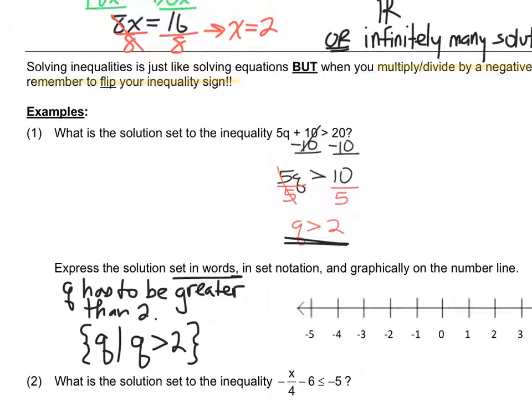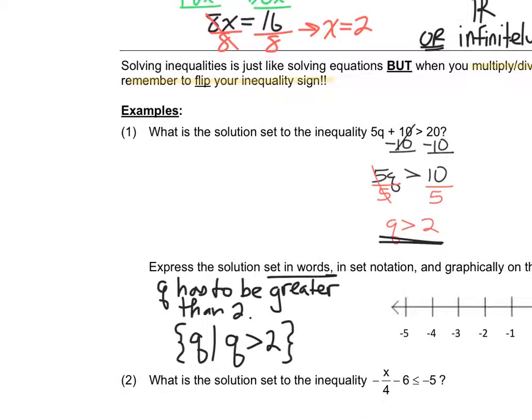And then close the squiggly bracket. So we open the squiggle, state what the variable is, put a vertical slash, and say what the relationship is to that variable.